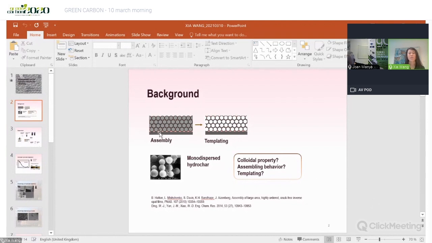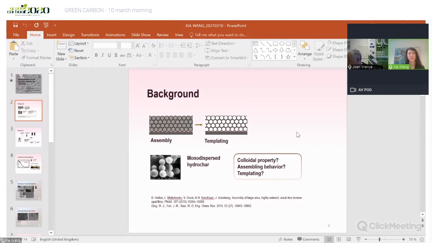For organized spherical particles, currently the studies are mostly focused on silicon oxide, metals or metal oxides, or polymers. But the assemblies of carbon spheres are not well studied yet, especially the hydrochar, like what we have talked a lot about yesterday and also this morning.